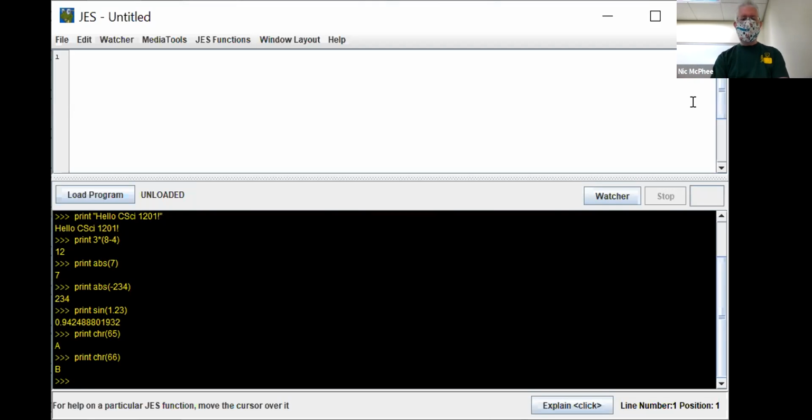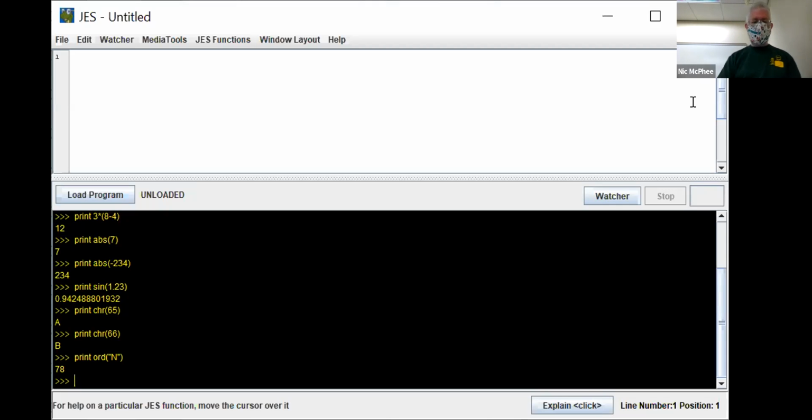Actually, let me go the other way. There's also a way we can go from letters to numbers. There's a function called ORD, O-R-D, which stands for ordinal, which is not helpful as a name, but there we are. ORD takes a letter and tells us what the ASCII code, actually the Unicode code for that letter is.